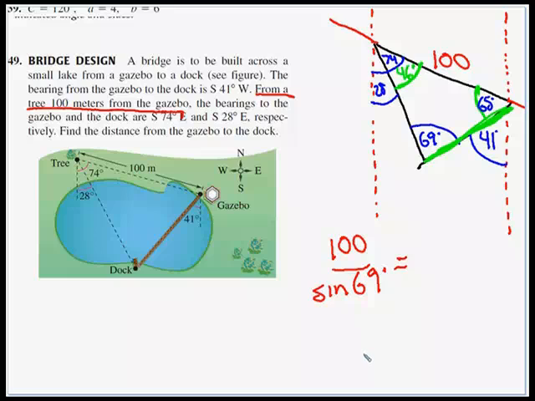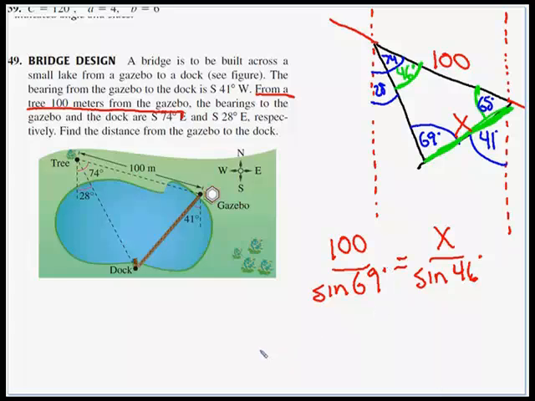is equal to, we want to find the length of this dock that I highlighted in green here, and we do know the angle across from that is 46 degrees. So let's call our dock length x. X is our length that we're looking for over the sine of 46 degrees.